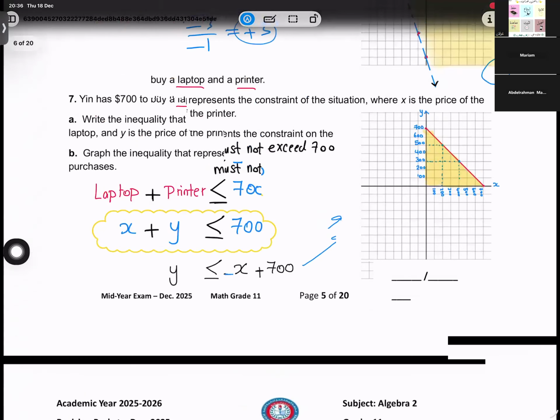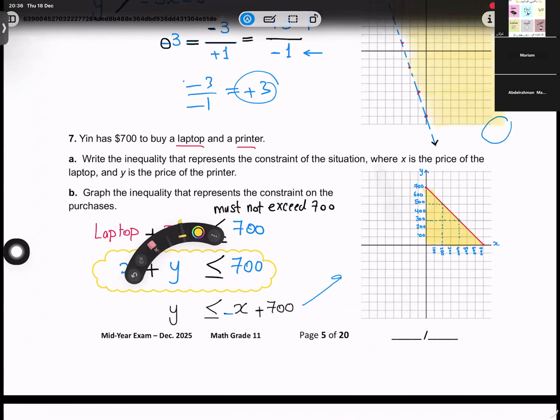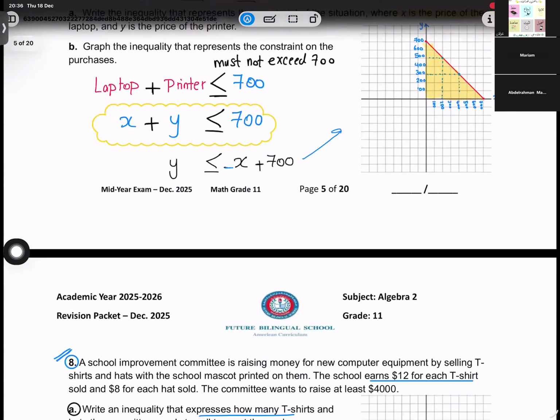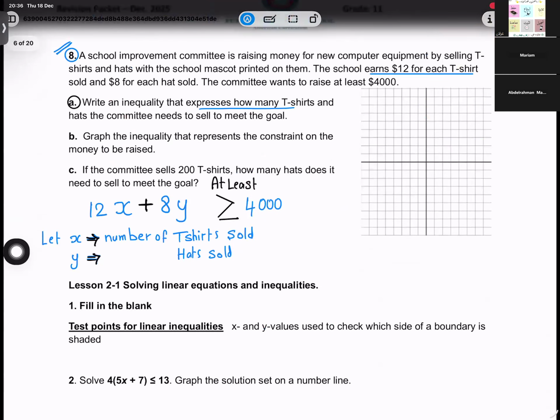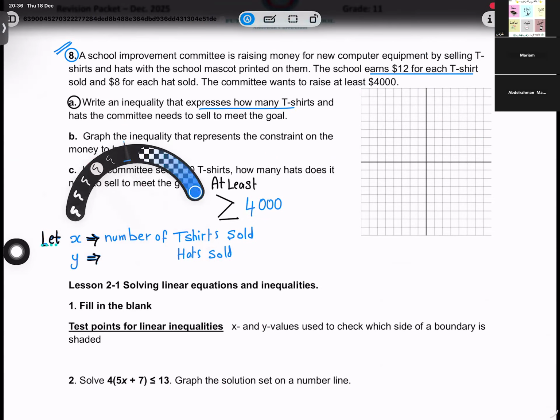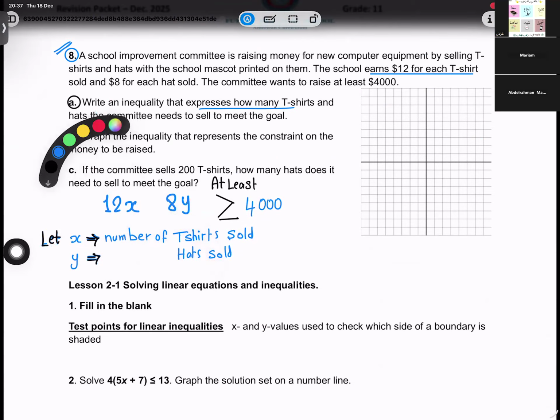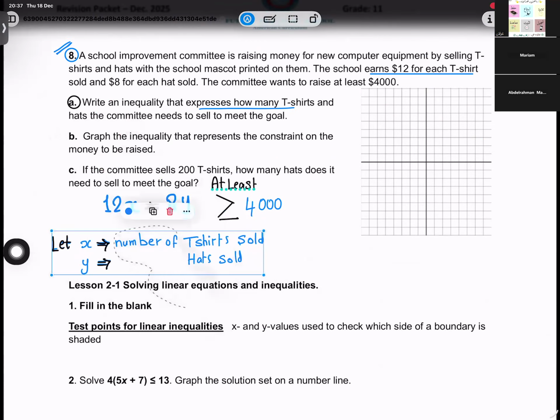In the earlier question it said x is the price of the laptop and so on, but here we label x and y. So this will be the inequality: 12x plus 8y must be greater than or equal to 4000. Now can you graph this inequality?